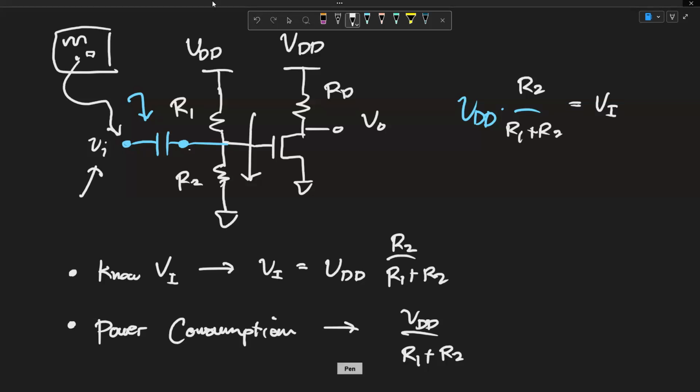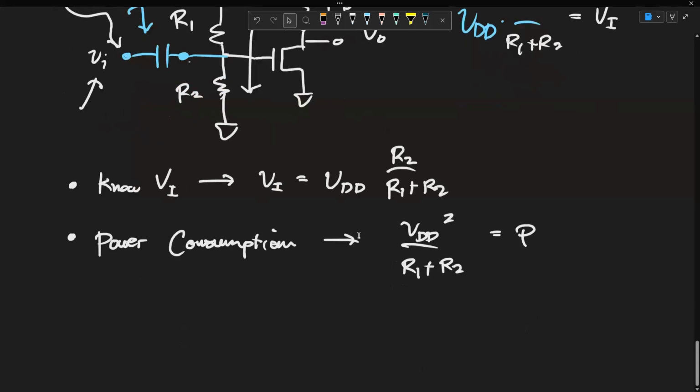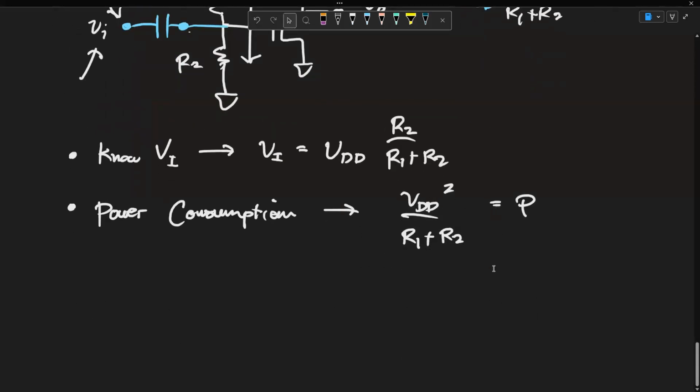Anyway, we're going to find the power consumption. The current through R1 and R2 is simply VDD over R1 plus R2 because it's decoupled. So what we'll have is VDD squared over R1 plus R2 as the power consumption. And then we discover that increasing R1 and R2 lowers the power consumption.